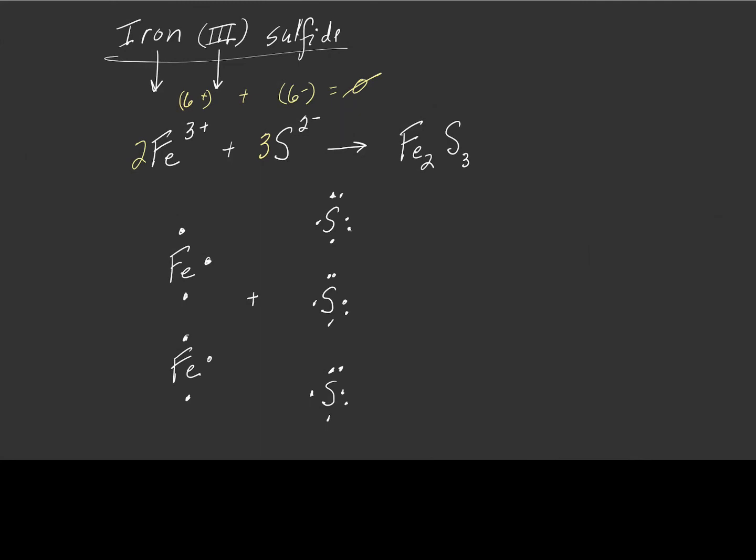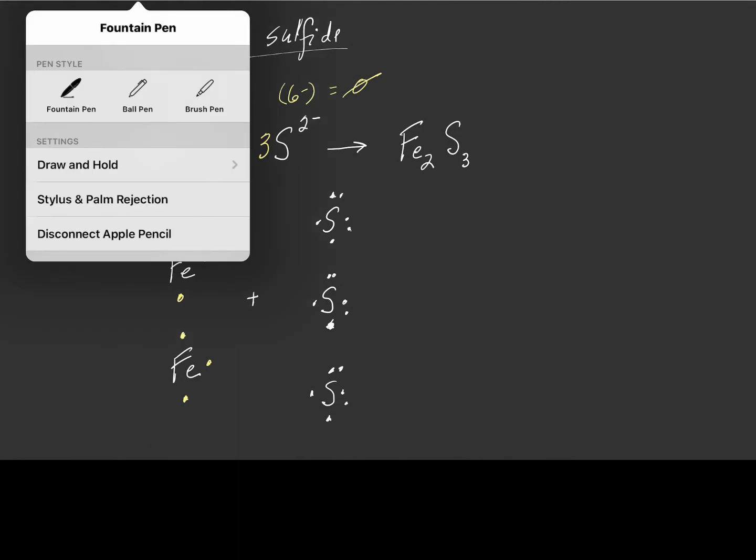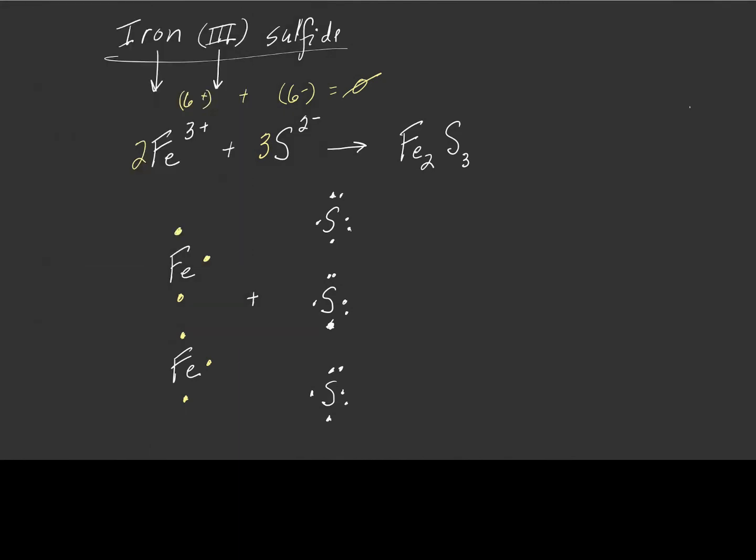Okay, and let me be consistent, and I will come back here and put these in yellow. I just think sometimes color coordinating things helps, and you should do the same in your notes. You color coordinate what's going on. It really goes a long way with helping you understand what's going on. Okay? All right.